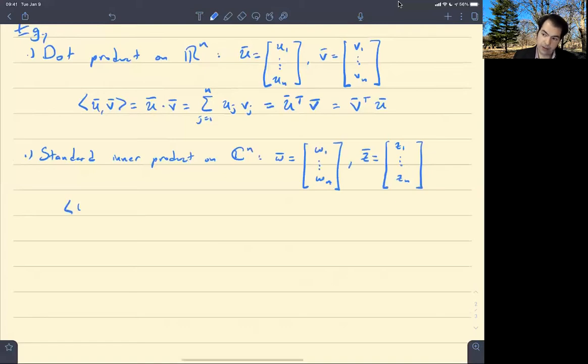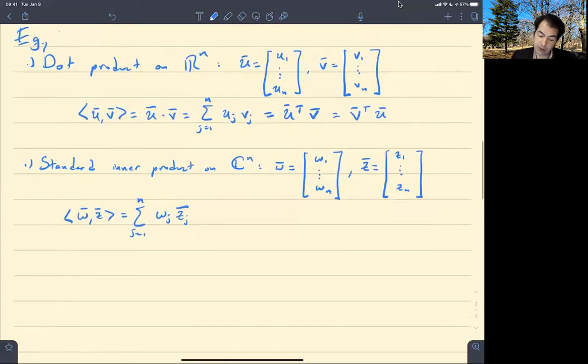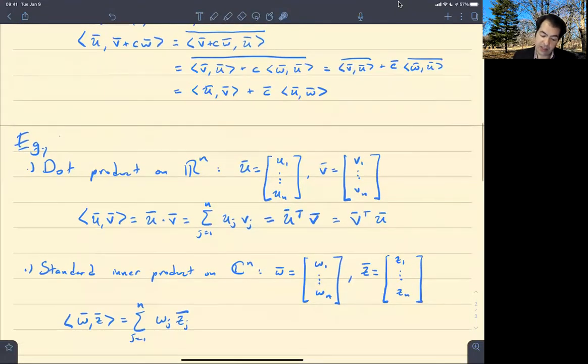Then the inner product is the sum, j goes from 1 to n, of wj zj bar. Right, so you put a bar on the entries of the second vector. This makes sense because we want the second entry to be conjugate linear. So that's arranged by putting a conjugate on the second entry.